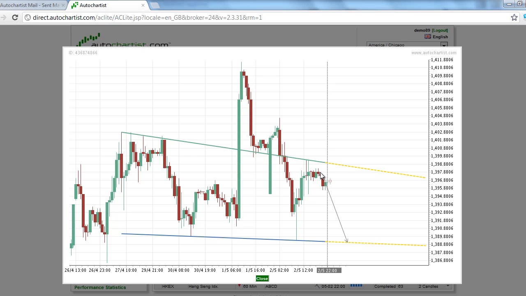Now with an exit clearly defined here above the 1400 area, aggressive traders should look for the potential break through the neckline to trigger an acceleration to the downside equal to the distance between this support and resistance. So if you take the distance between this support and resistance and subtract it from this breakout area, that indicates that 1378 is a potential downside target if trader sentiment turns bearish.